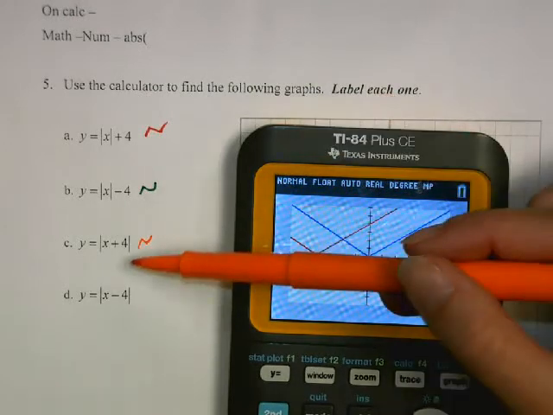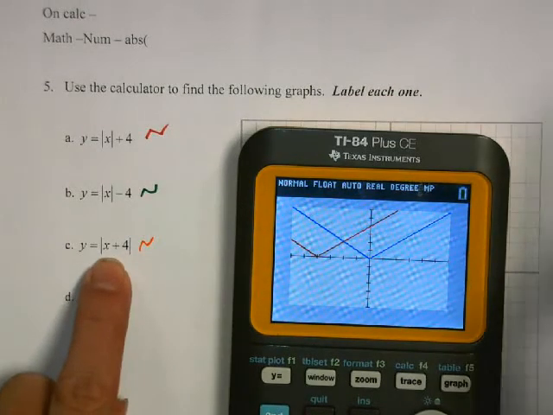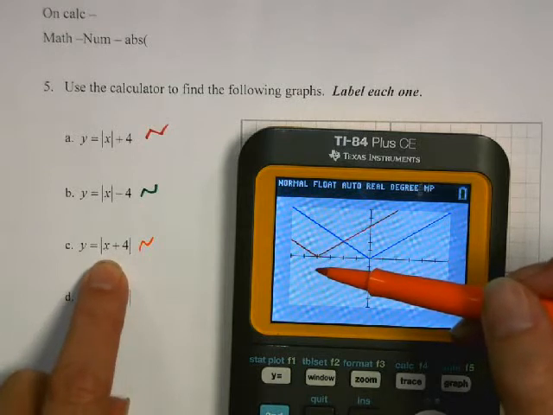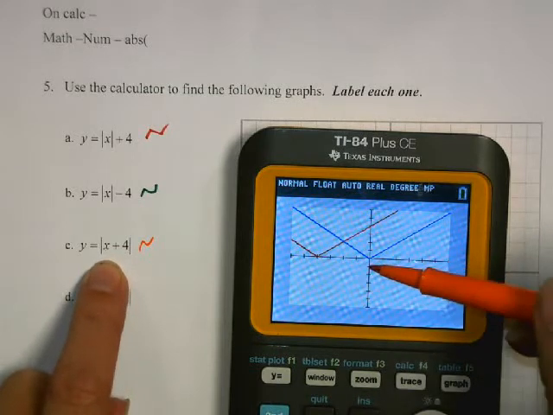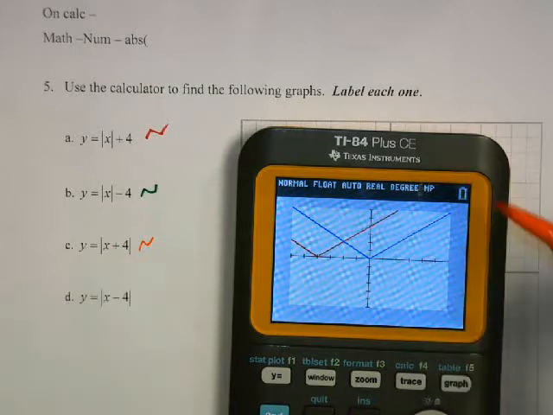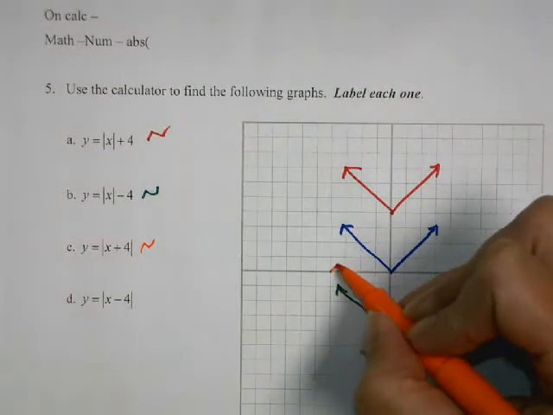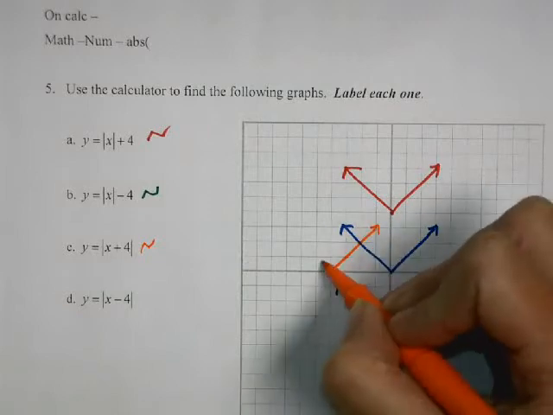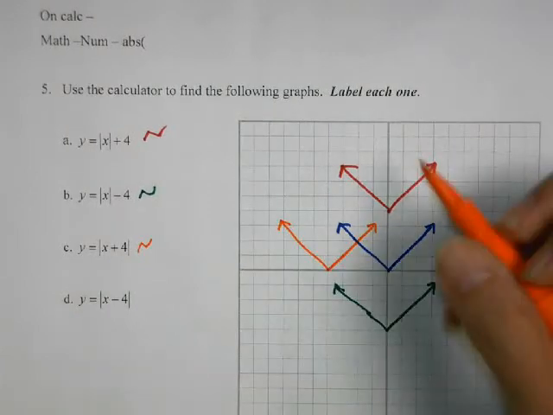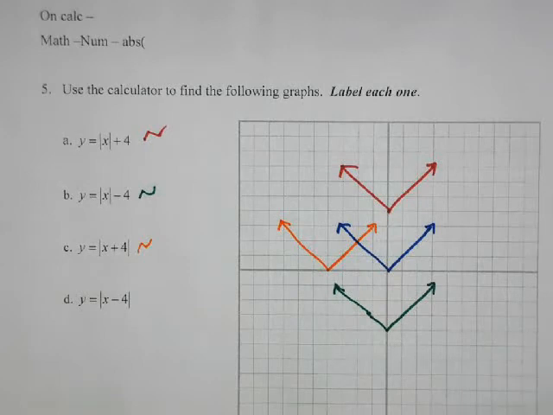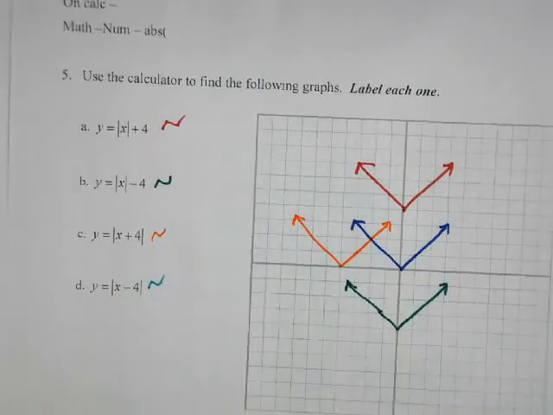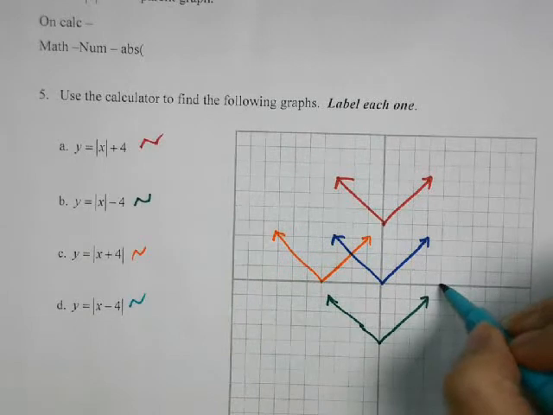But if you think about it numerically, if I plug in -4 here, that's where my vertex is, because that's what's going to give me a 0. If I plug in a 0, I get 4. So this one goes there. My last one, and you can confirm this on the calculator, is going to go to the right 4 units.